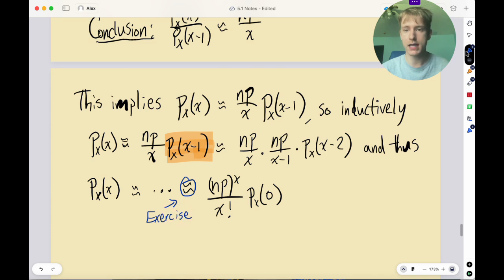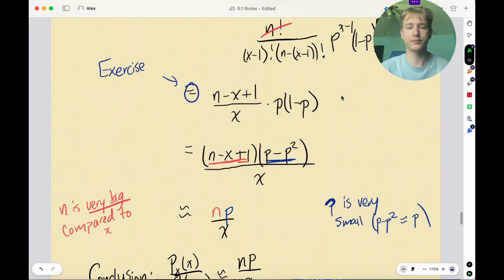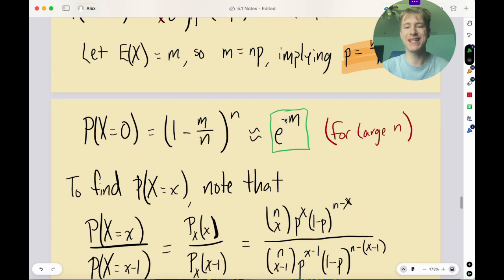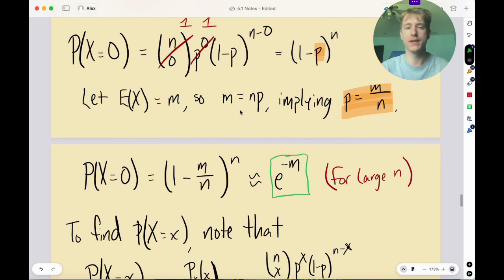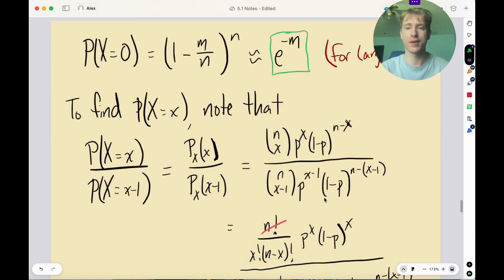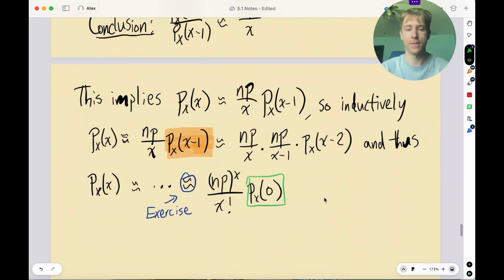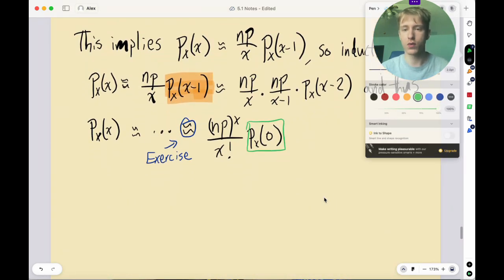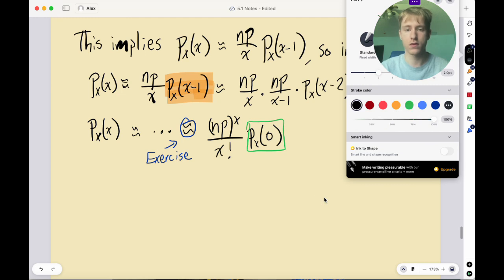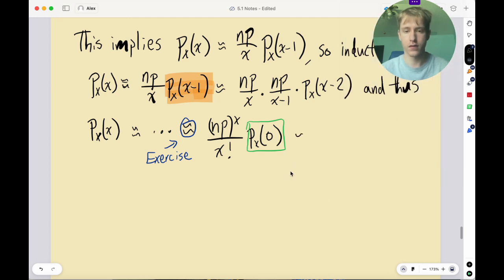But remember, we've seen the probability of getting 0 successes before. If I can just scroll up, that was e to the minus m, where m was the expected value, which is np. So I'm going to substitute that back in. This is approximately equal to np to the x over x factorial times e to the minus np.